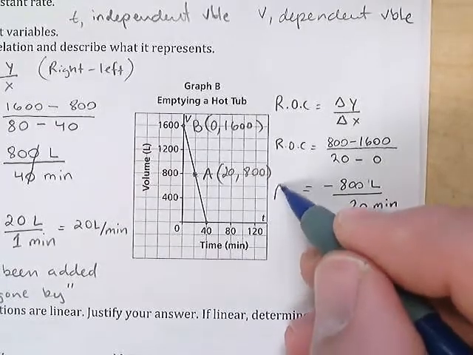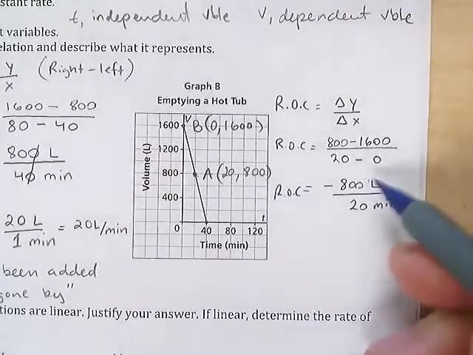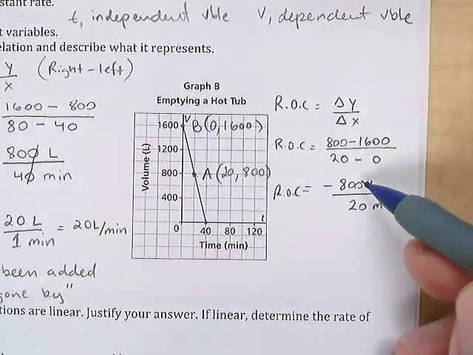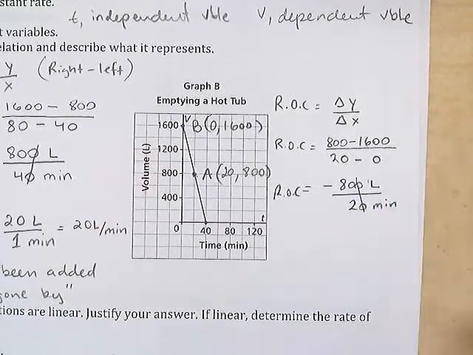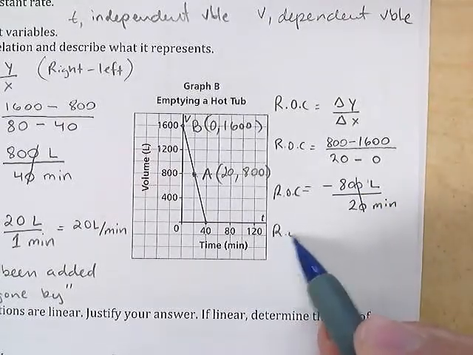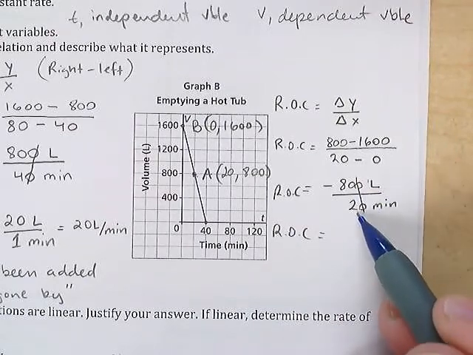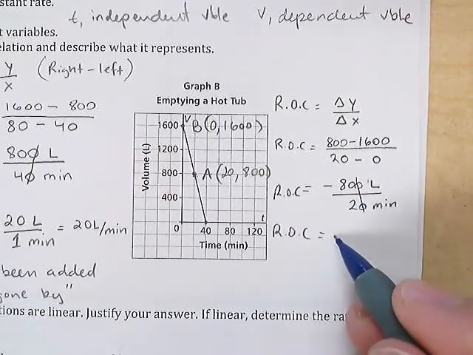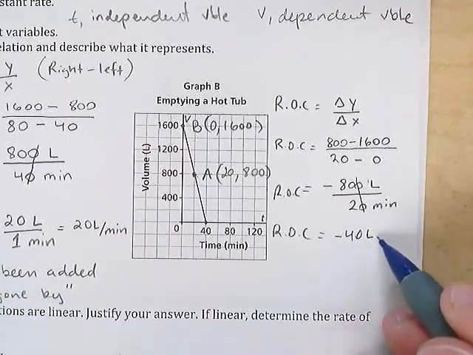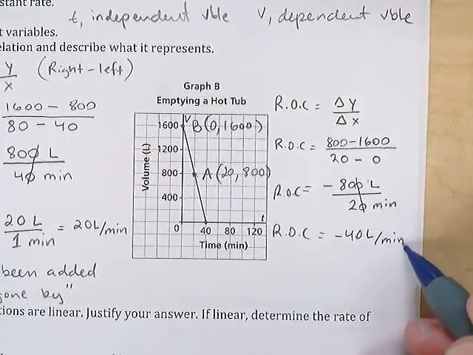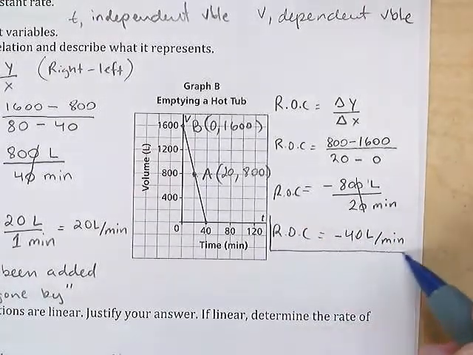So our rate of change is that. Can we reduce it? Yes. If you cancel the zeros, you have 80 over 2, that's obviously 40, right? 40 liters per minute. And that's your rate of change.